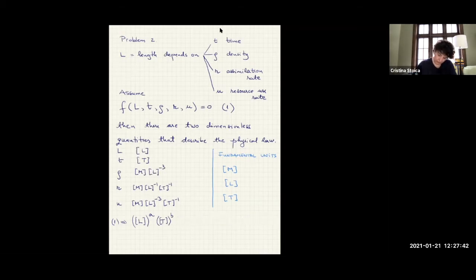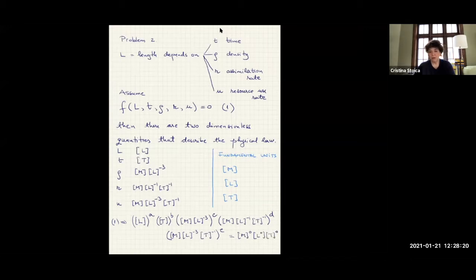So this is now the rho one: M L^-3 to the C. Now the next one, M L^-1 T^-1 to the D. And finally, M L^-3 T^-1 to the E. So all this stuff has to be M to the 0, L to the 0, T to the 0.